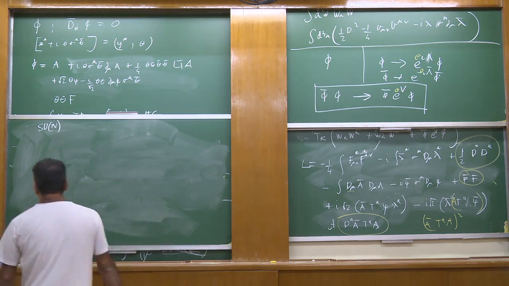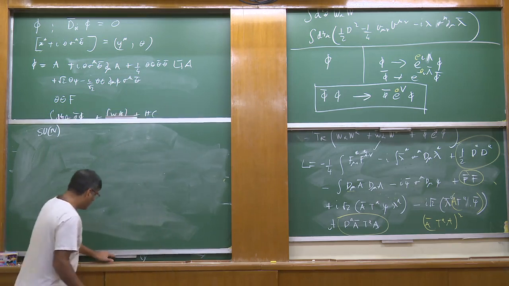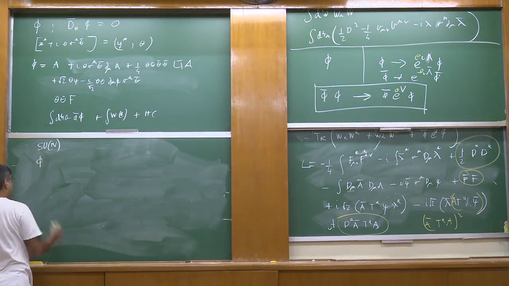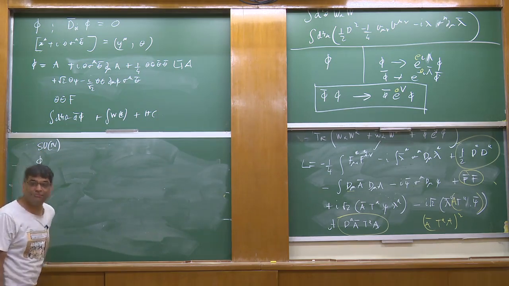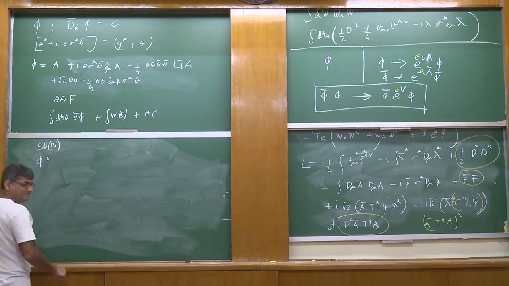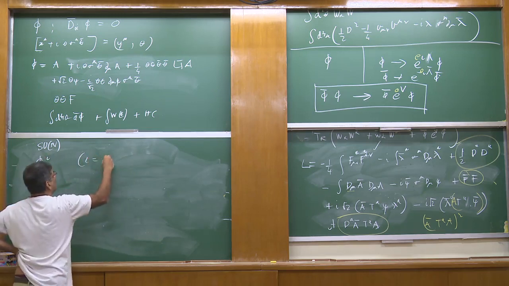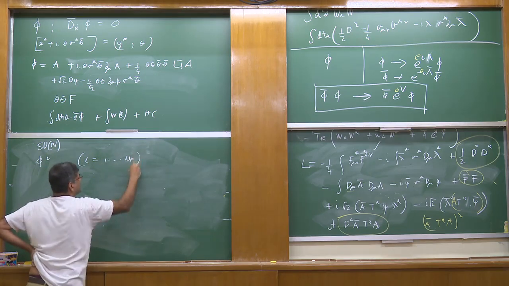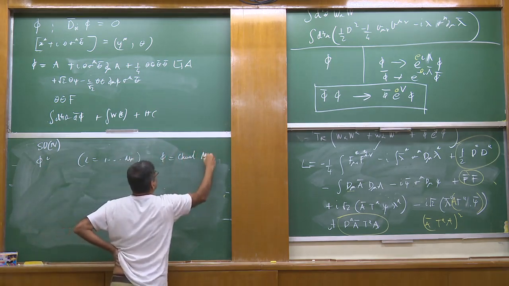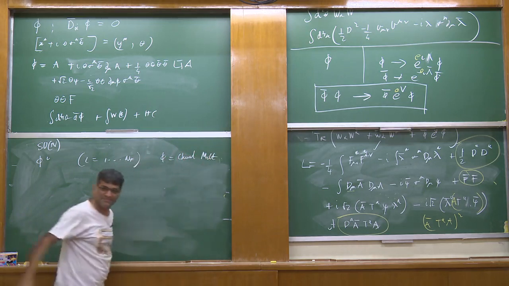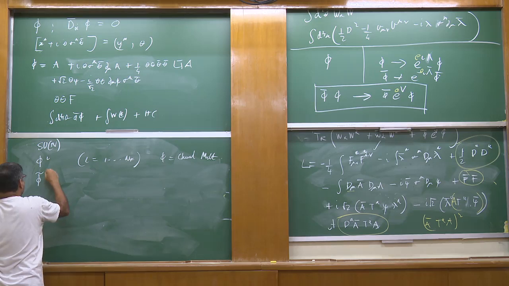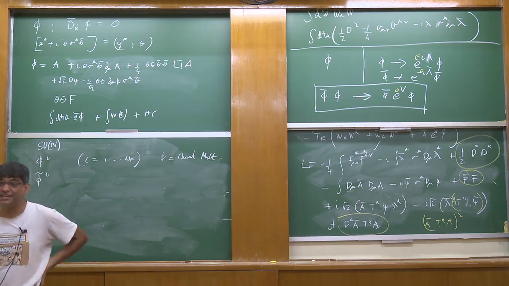Our matter will consist of the following. We will have NF chiral multiplets in the fundamental, phi I, and we will also have NF chiral multiplets in the anti-fundamental.